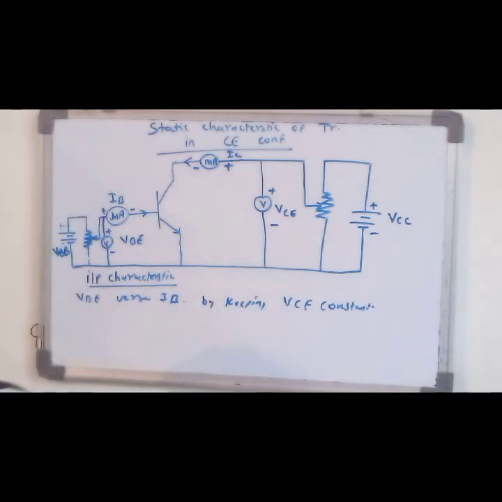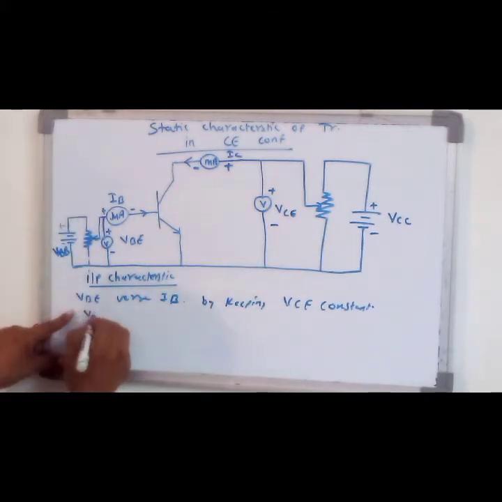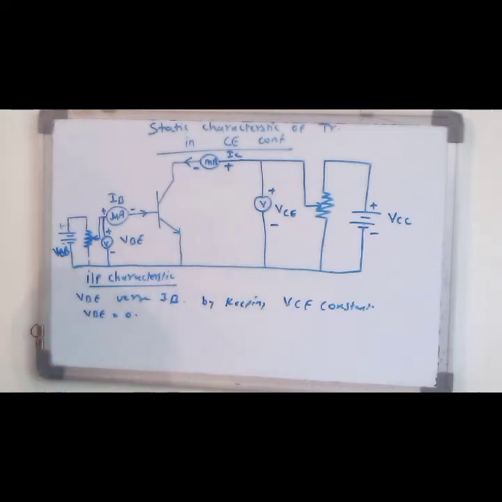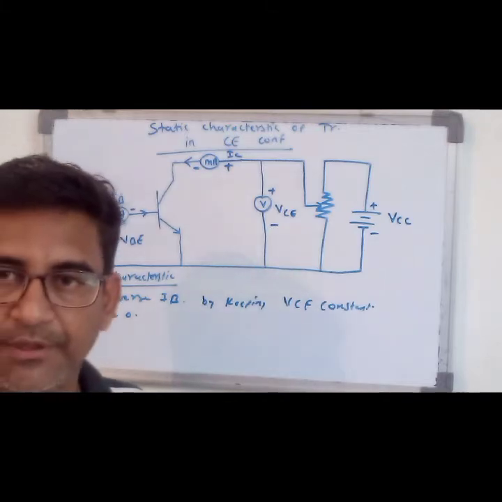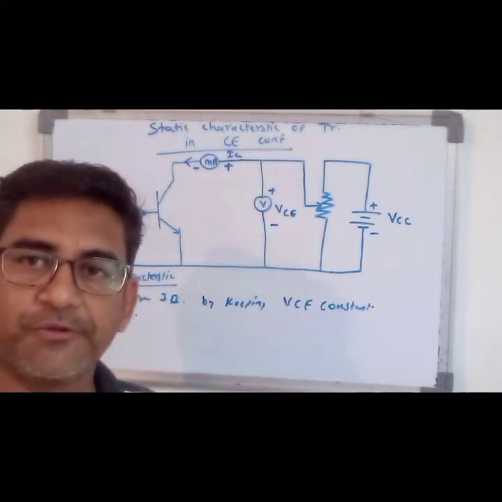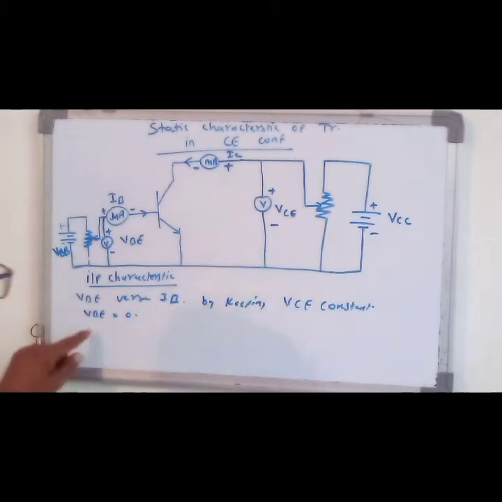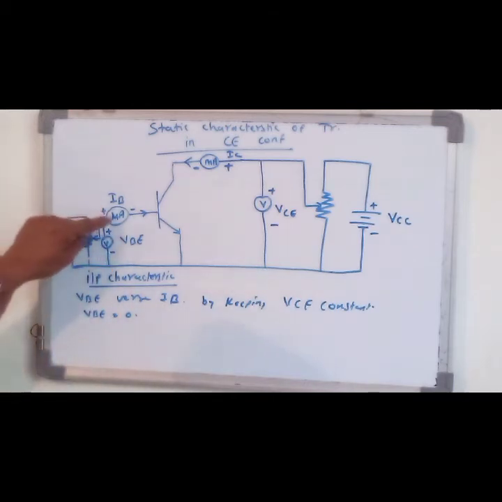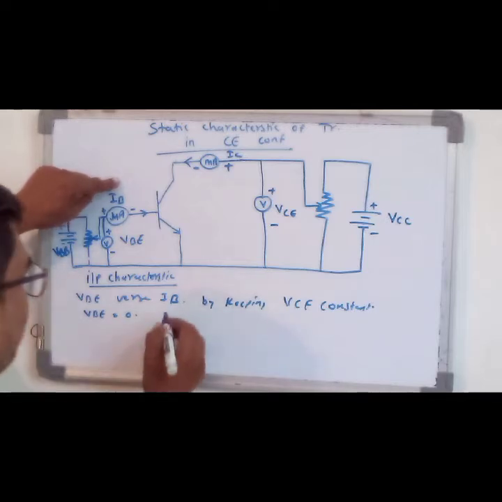Now, how is that characteristics? We will plot the graph. When VB is equal to 0, since the base current is also 0, because no current is flowing from this particular voltmeter to the base, that's why this IB is also 0.